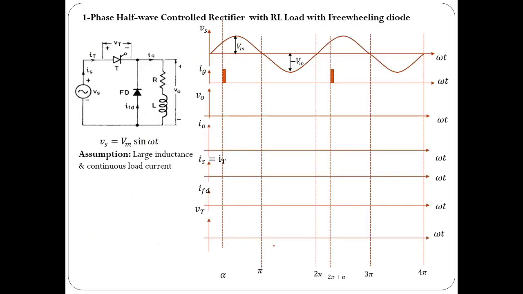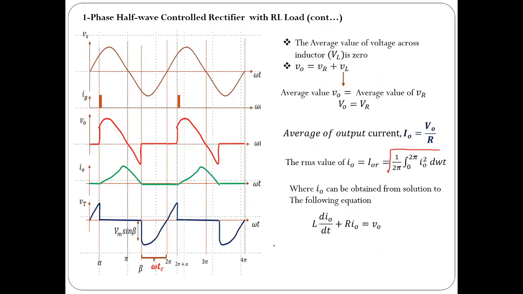Now in this half-wave controlled rectifier with RL load, the problem is that there is a period between pi and beta where the output voltage is negative and the current is positive. During this period, from pi to beta, power is delivered back to the source.